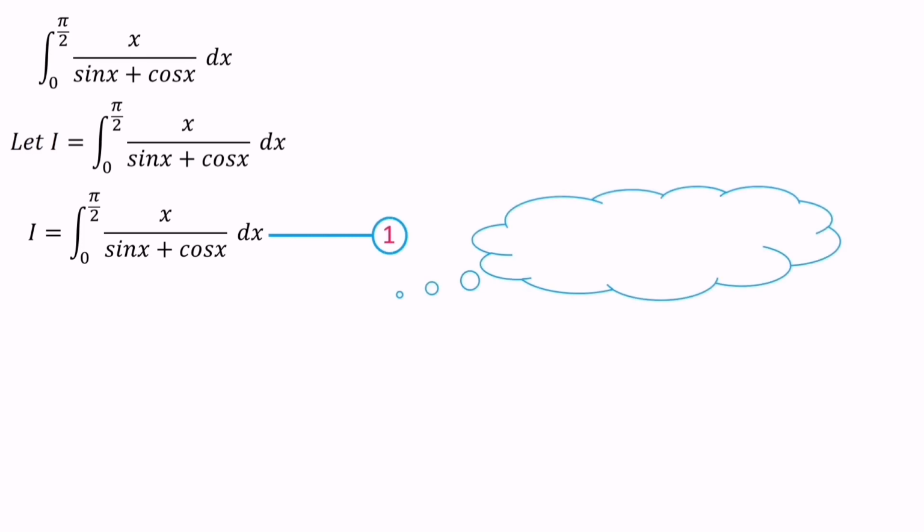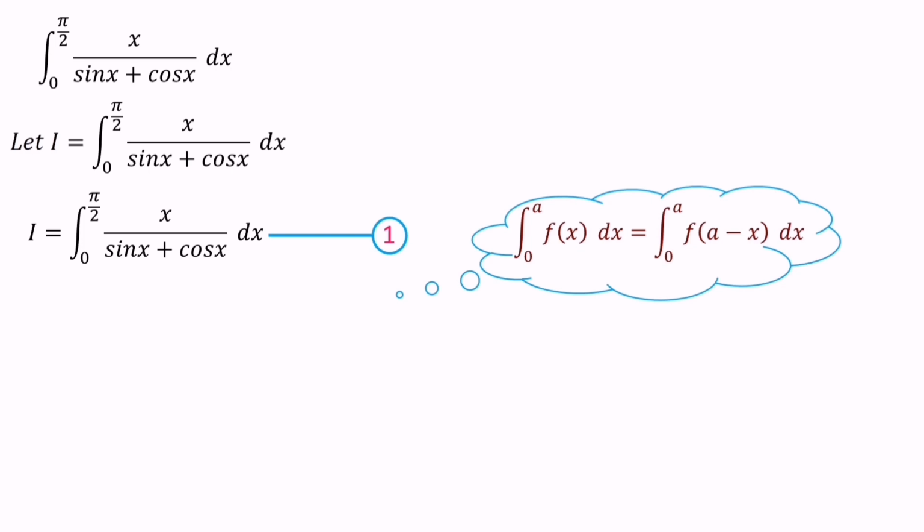Integral 0 to a f(x) equals integral 0 to a f(a minus x). So instead of the function variable x, we can substitute upper limit minus x. In this case, pi over 2 minus x.